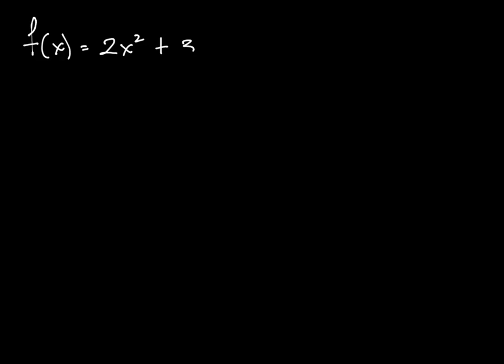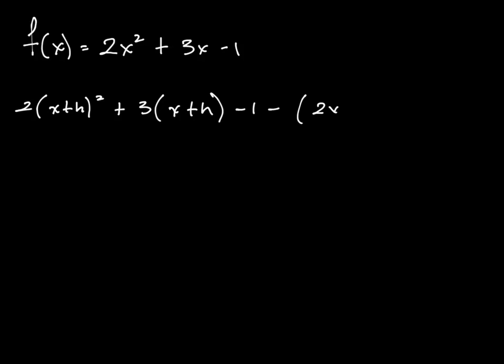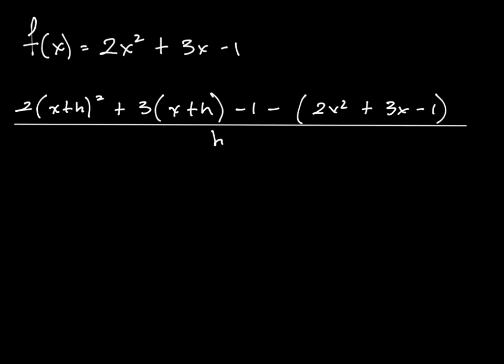Next example is also a quadratic, but this one now has a coefficient of 2 in the front. So using our formula again, we get 2 times (x plus h) squared plus 3 times (x plus h) minus 1. And we're going to subtract f of x, so that's minus (2x squared plus 3x minus 1), all over h.